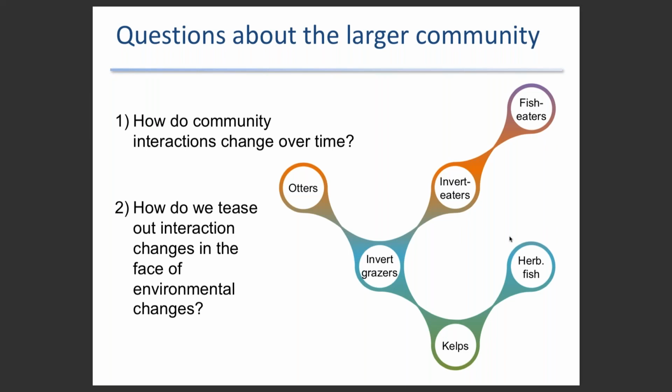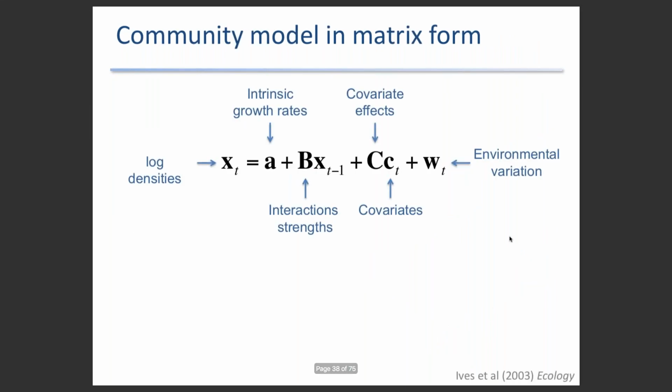We're also interested in pulling out what these things are in light of big changes going on in the ocean, like large ENSO events and changes in harvest. So this is our model, which we talked about a lot.